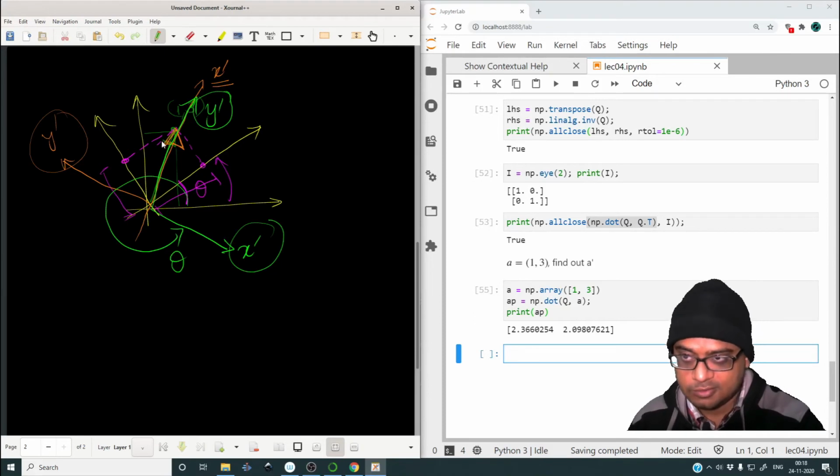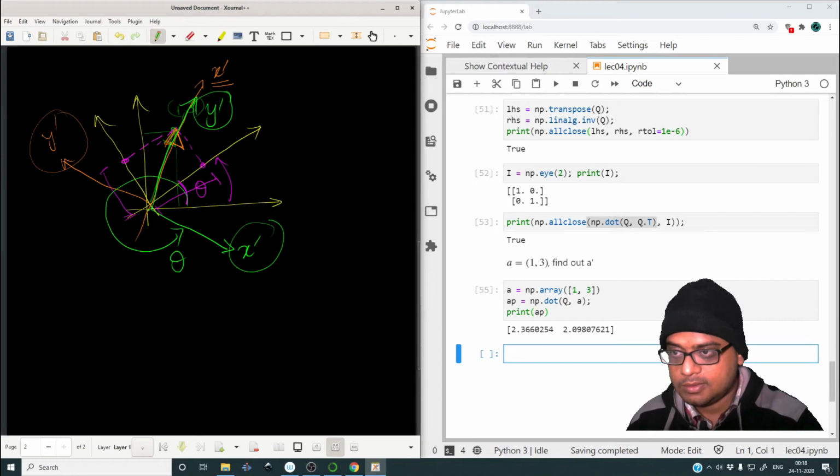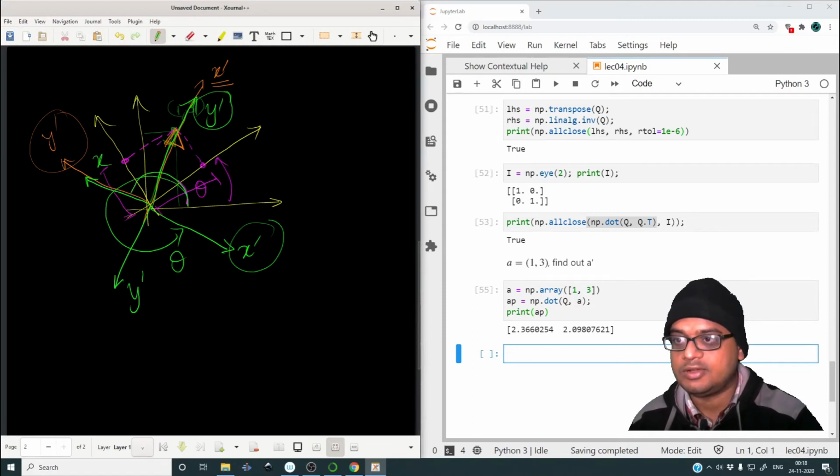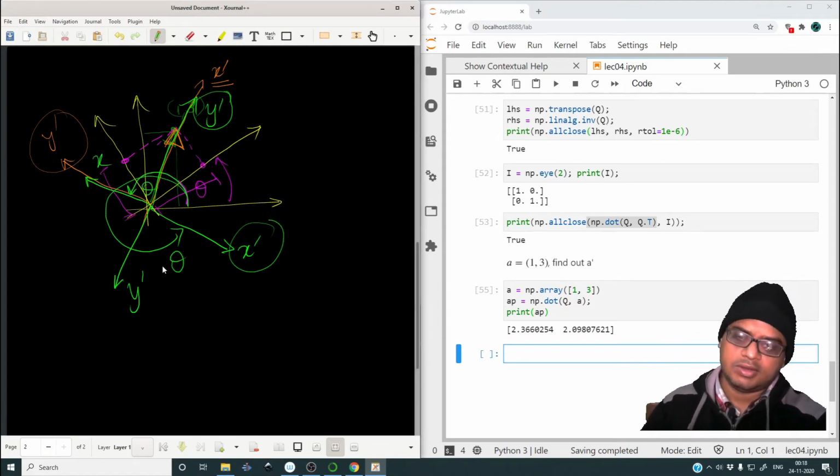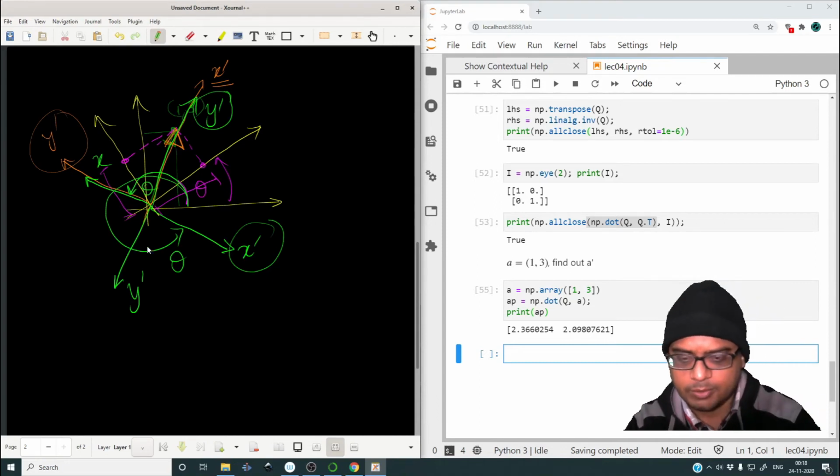In fact, this would occur also when this will be y prime and this will be x. So when the coordinate system rotates by this angle. Okay, try to draw this on your own and you'll see what I mean.